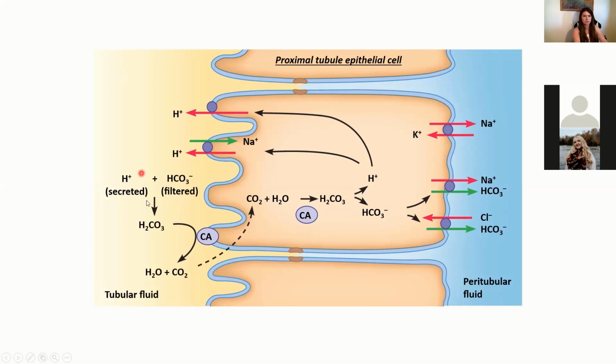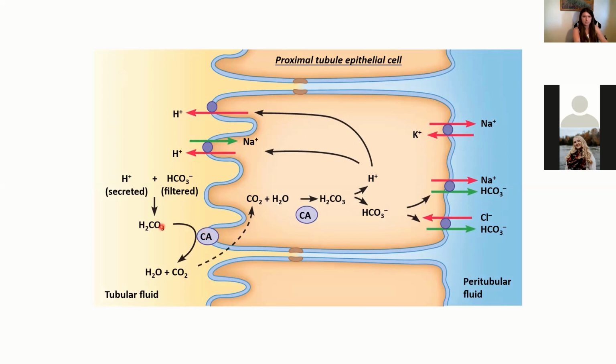We bind it on to our hydrogen ions, creating carbonic acid, which can then be converted by carbonic anhydrase here in the apical membrane. So we just have some carbonic anhydrase in the apical membrane, like inserted in there.